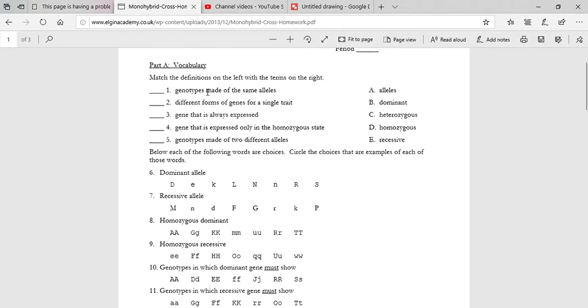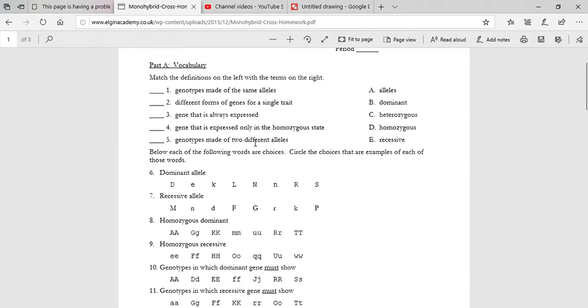A genotype made up of the same alleles would be homozygous. Different forms of genes for a single trait is alleles. A gene that is always expressed is dominant, and a gene that is expressed only in the homozygous state is recessive.